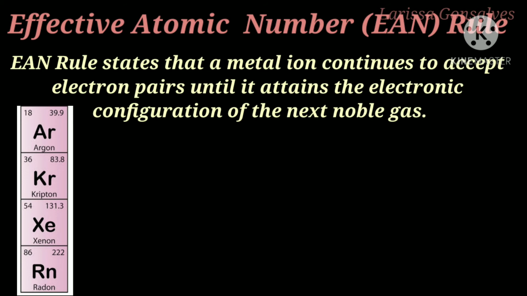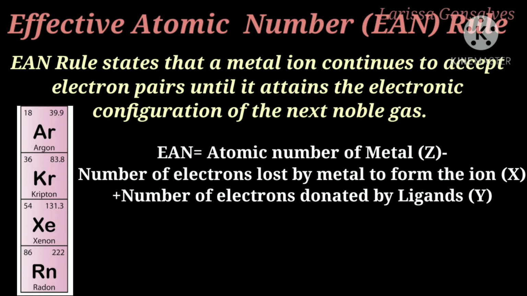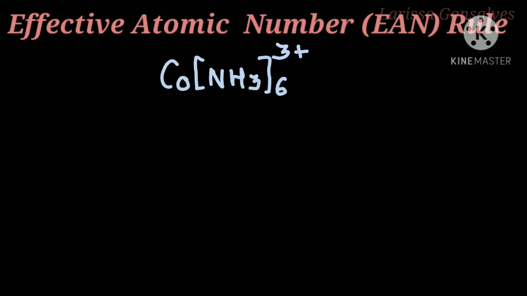In order to calculate the EAN, there is a formula: EAN is equal to the atomic number of the metal, denoted by capital Z, minus the number of electrons lost by the metal to form the ion, denoted by X, plus the number of electrons donated by ligands, denoted by capital Y. Let us consider the example of [Co(NH3)6]3+, with a net charge of +3.